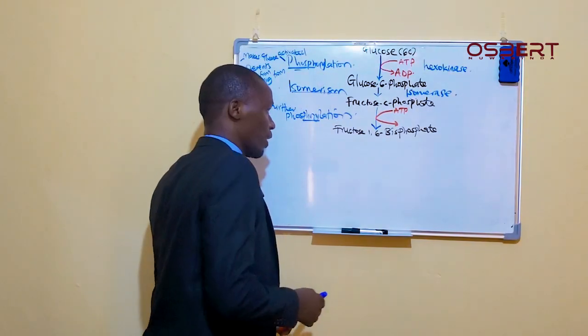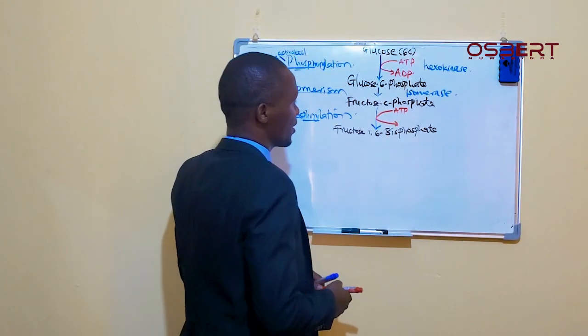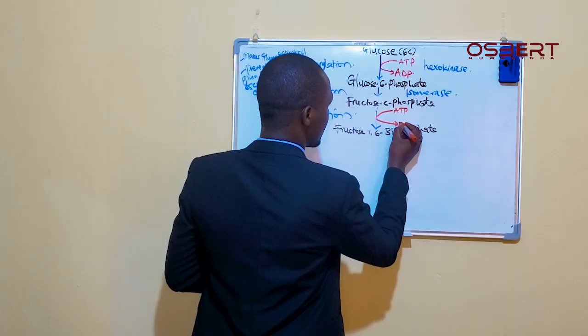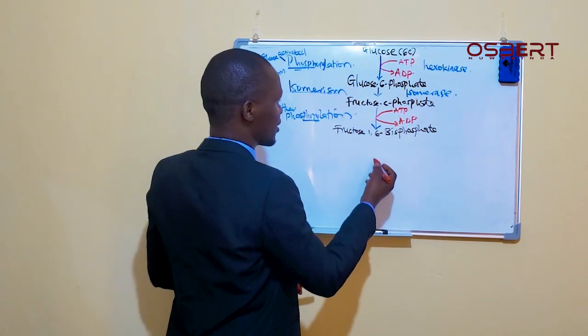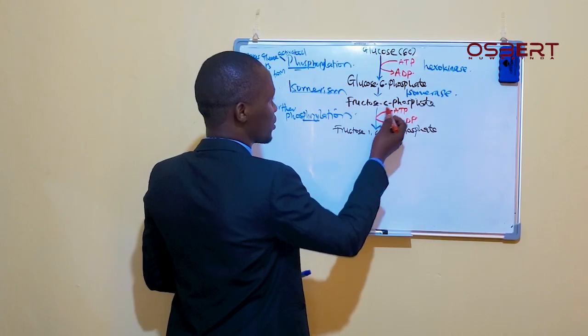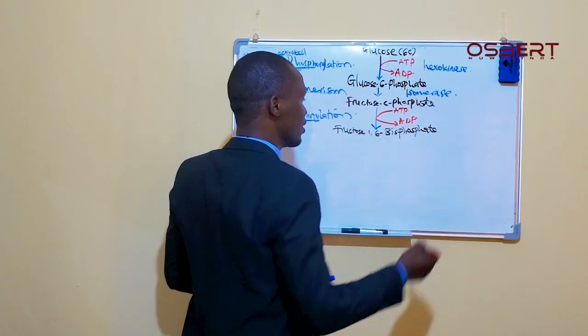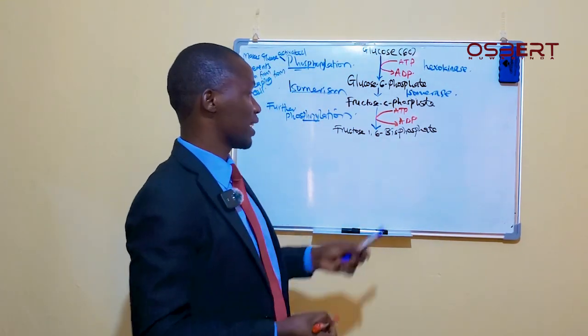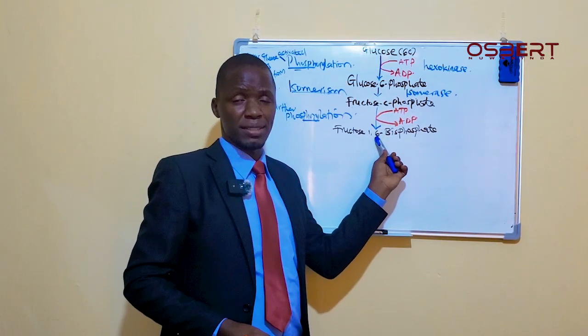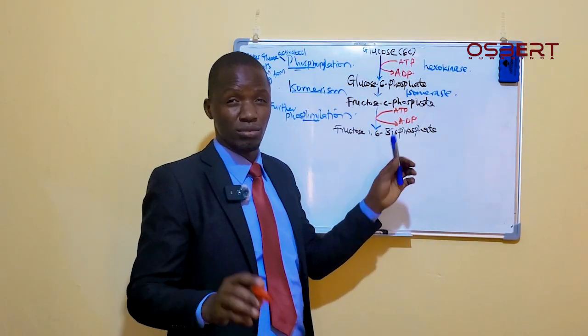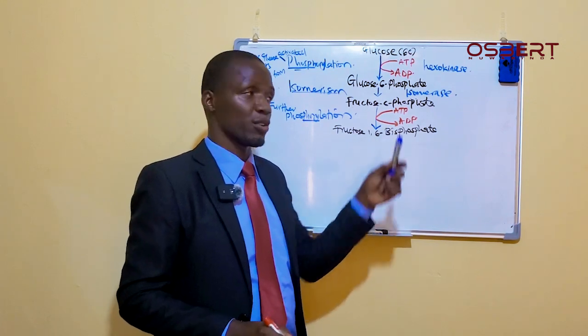So ATP donates a phosphate, and then ATP becomes ADP. The phosphate has come in, it has now turned fructose 6-phosphate into fructose 1,6-bisphosphate. That means one phosphate is attached to carbon atom number 1, another phosphate is attached to carbon atom number 6. I think if you go into the biochemistry, that's how it comes into the 1,6-bisphosphate.